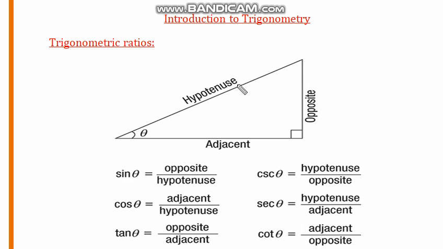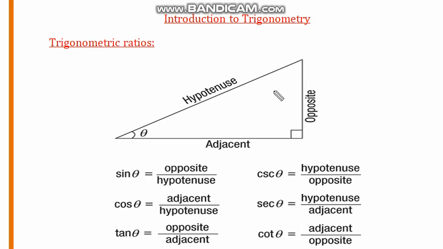See here, the longest side, which is opposite to the right angle, is called the hypotenuse. At the same time, you must note which corner you are taking the angle at. For example, here I took this angle. The side opposite to this angle is the opposite side, and the side nearby is the adjacent side.